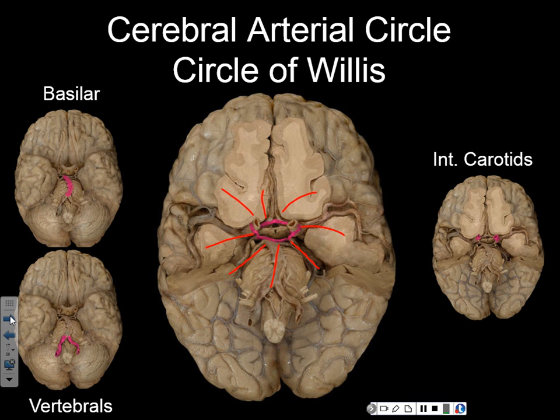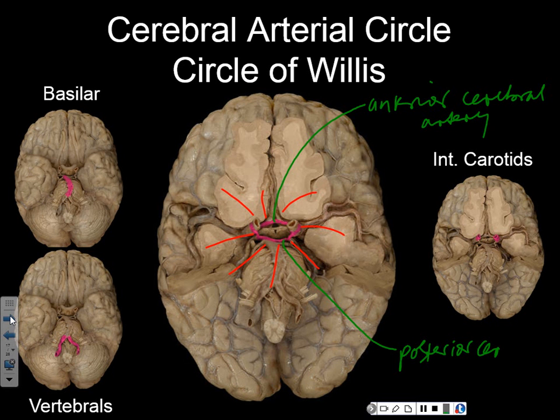So I'm going to use green for the anterior cerebral artery. That's the one that forms the circular part on the top, and then the one on the bottom will be the posterior cerebral artery, because this is behind, right?